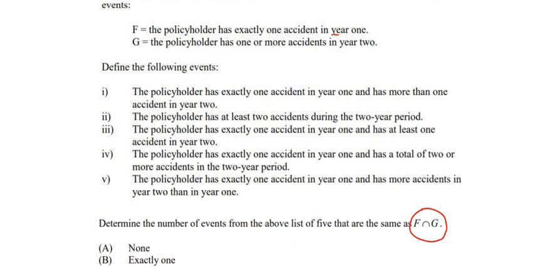In year 1 there is 1, and year 2 has at least 1. So we just check which one satisfies both of them.